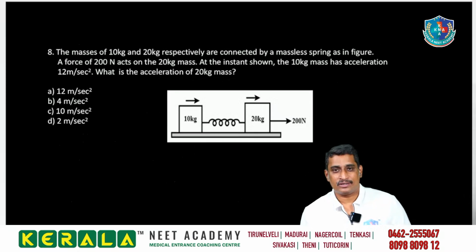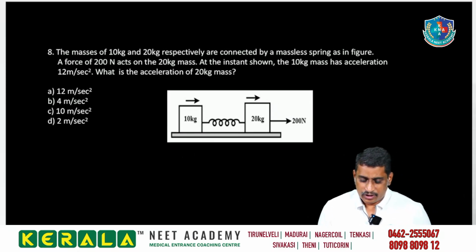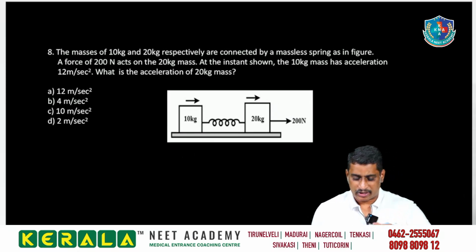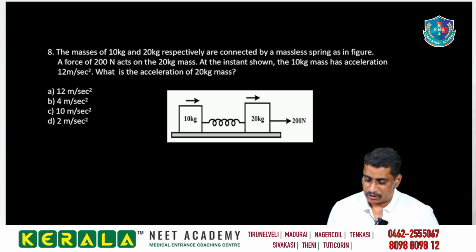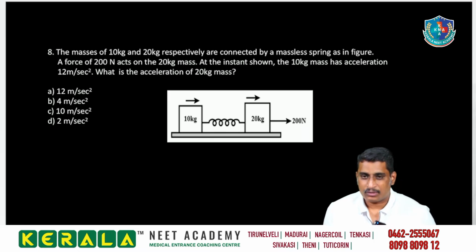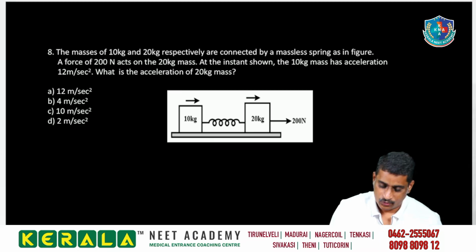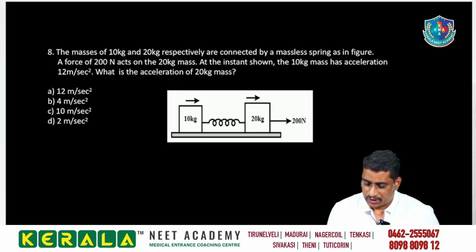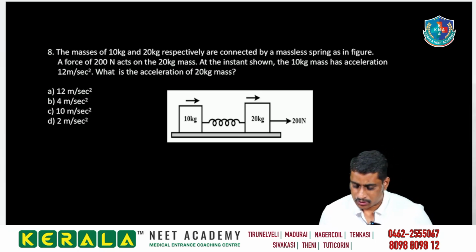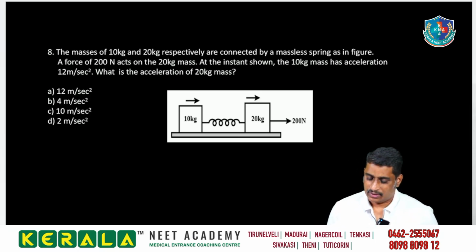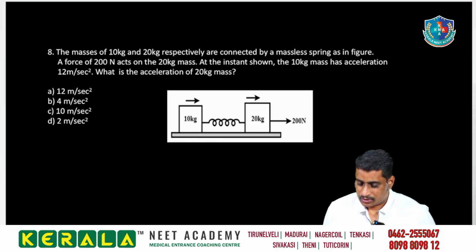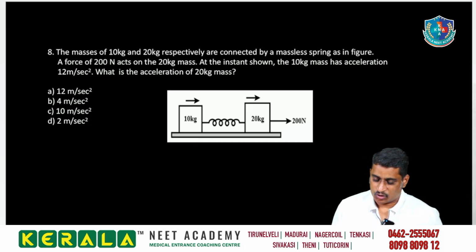Okay, look at the next question. Masses of 10 kg and 20 kg respectively are connected by a massless spring as shown in the figure. A force of 200 Newton acts on the 20 kg mass. See, look at this diagram, all of you. Over the 20 kg block, they have applied a 200 Newton force. At the instant shown, the 10 kg mass has an acceleration of 12 meter per second square.